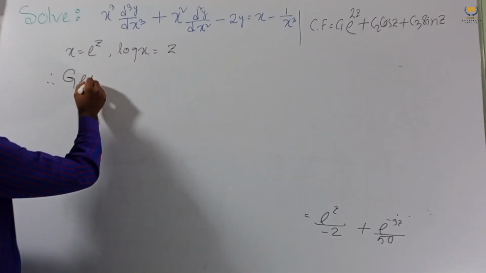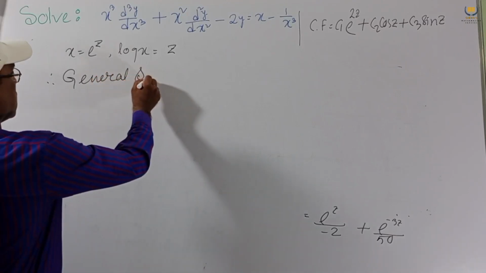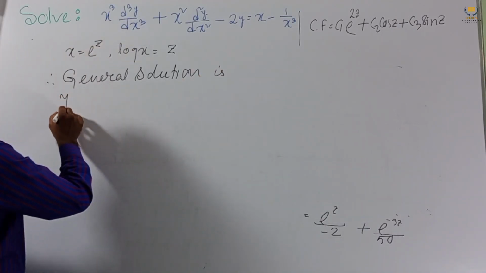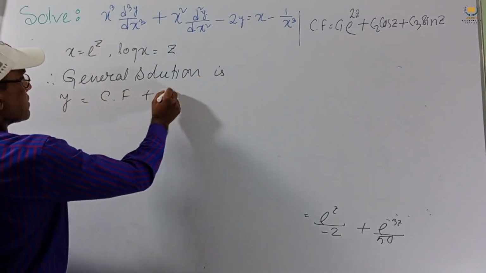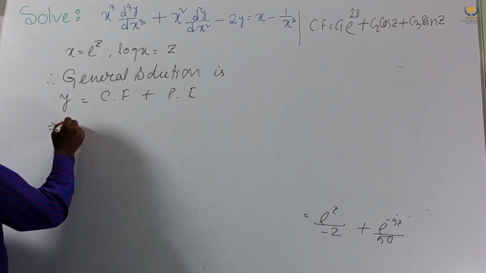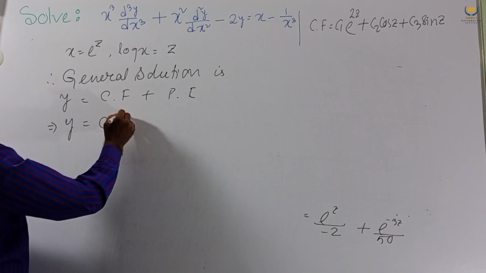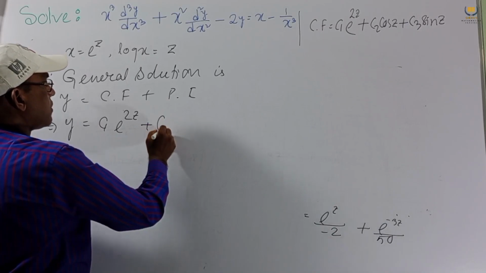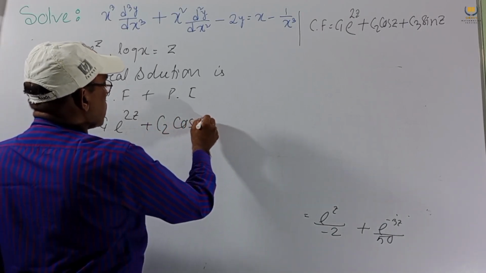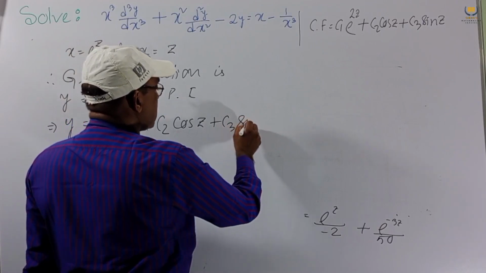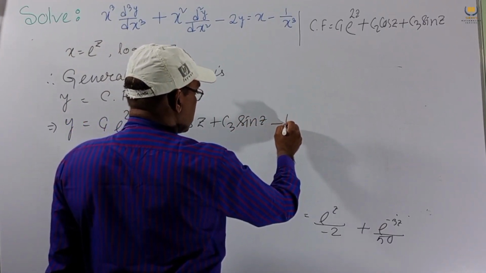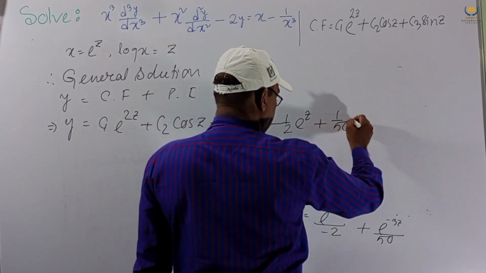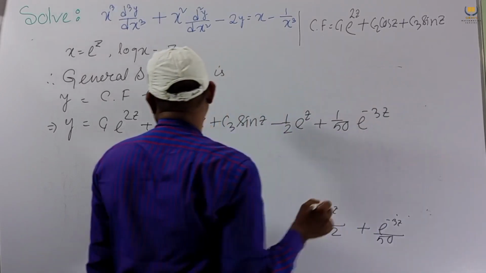Therefore the general solution is y equals CF plus PI. y equals C1 e to the power 2z plus C2 cos z plus C3 sin z, minus 1 by 2 e to the power z plus 1 by 50 e to the power minus 3z.